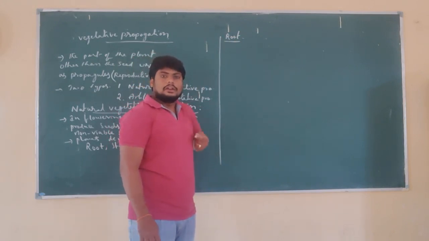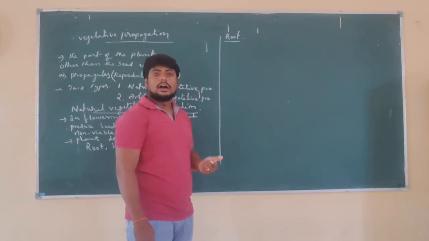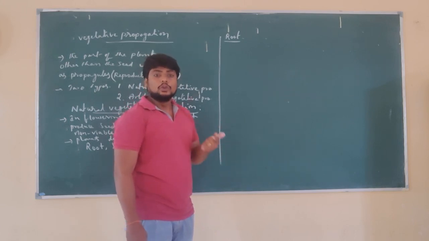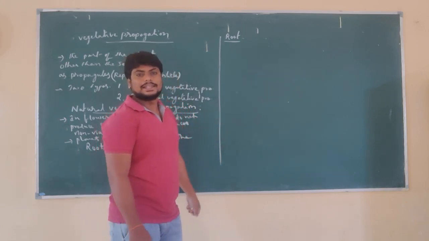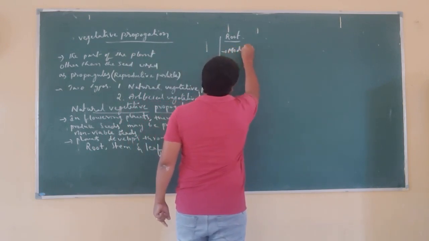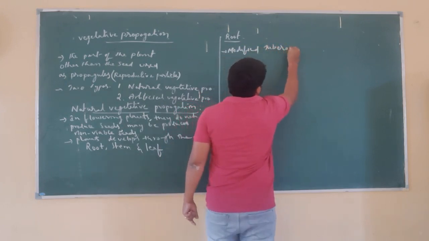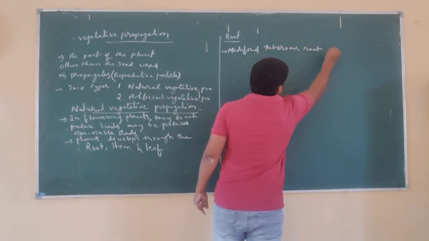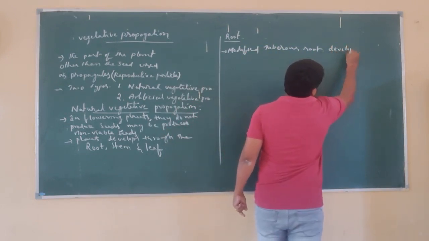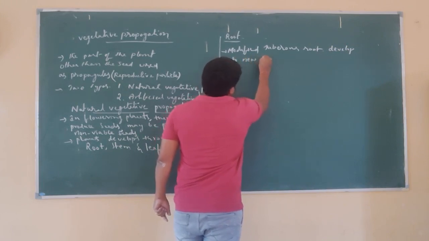The tuberous roots, that is modified roots, produce new plants through their roots. So the modified tuberous root develops into a new plant.